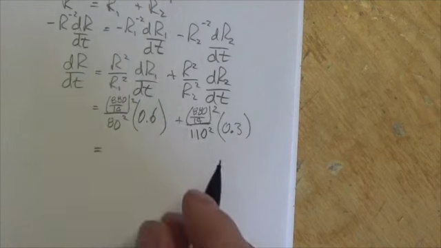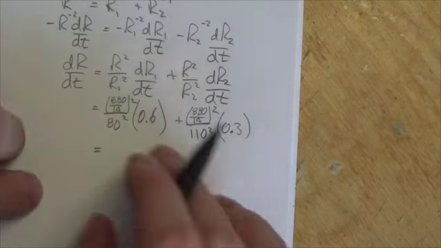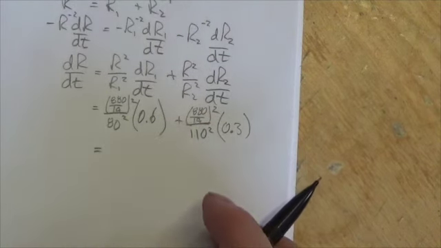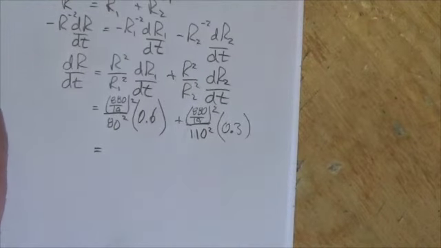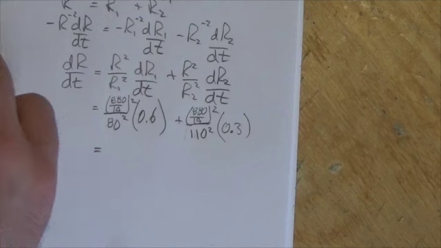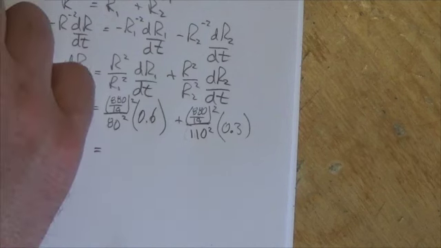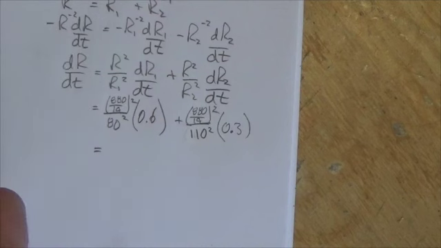Now, I could do this in exact form, but I've got some decimals in there already, so I'm just going to evaluate this. On my calculator, 880 divided by 19, squared, divided by 80 squared, all multiplied by 0.6, plus 880 divided by 19, squared, divided by 110 squared, multiplied by 0.3.